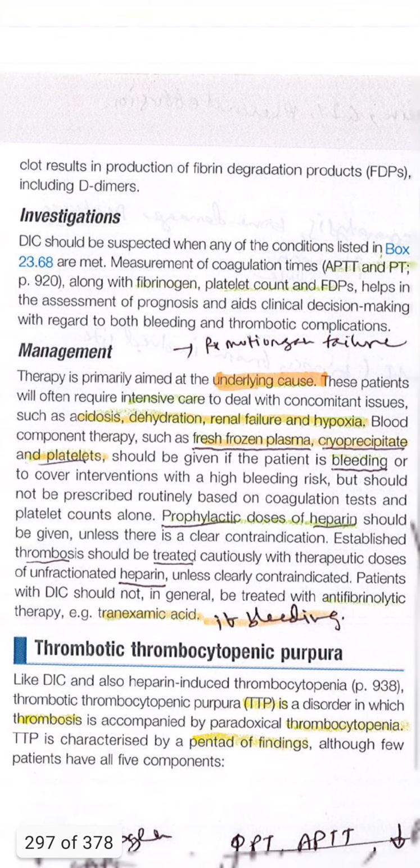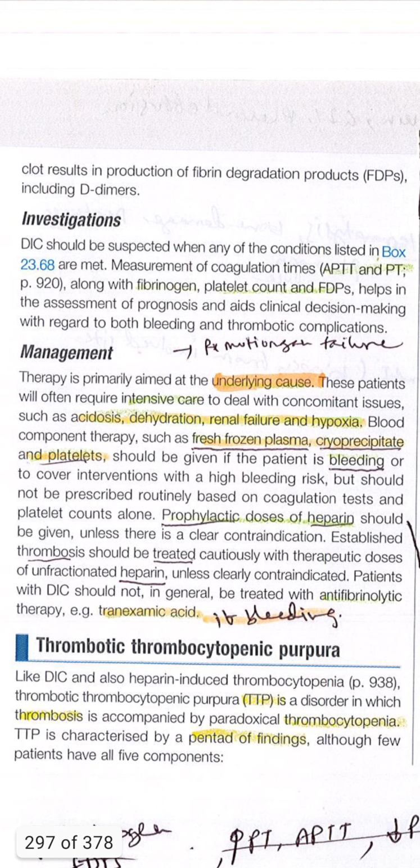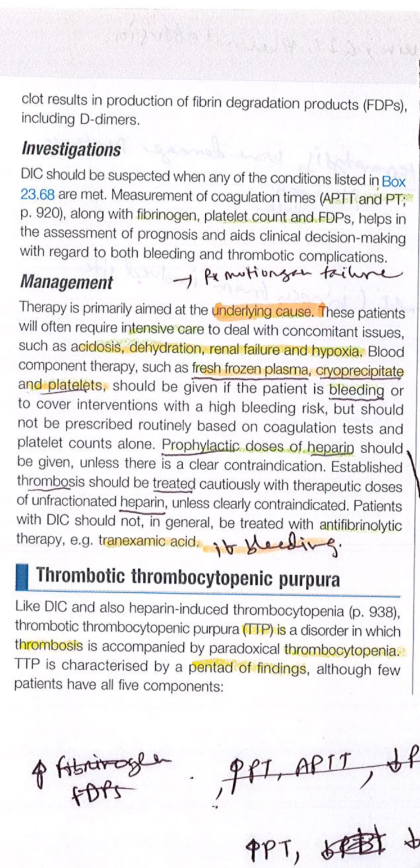So what is the treatment? Treatment is as usual. We have already discussed the treatment of multi-organ failure. You must support the treatment for organ failure, acidosis, dehydration, renal failure, and hypoxia. If the patient is bleeding so much, you will have to give fresh frozen plasma, cryoprecipitate, and platelets. But you never give tranexamic acid.